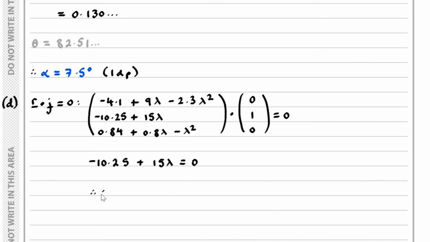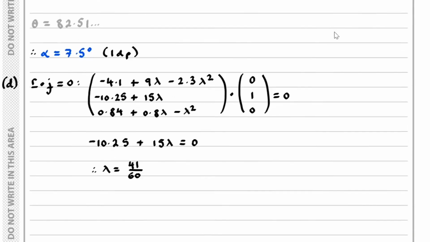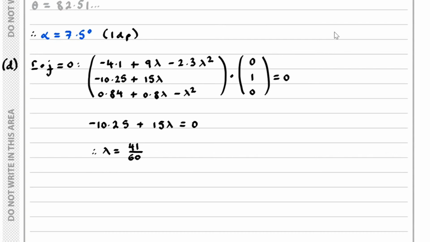And so therefore, if I solve for lambda, it turns out lambda is equal to 41 over 60. And knowing that lambda is equal to 41 over 60, we can now find out what r is.